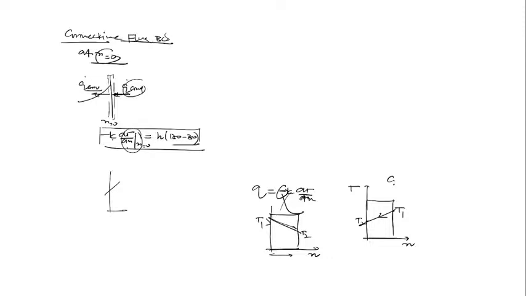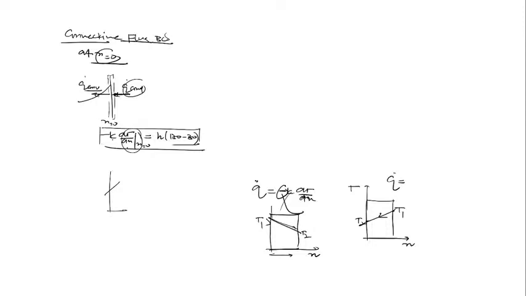How can I write Fourier's law in this case? Q dot. Tell me. Which equation of Fourier's law should I use here? Should I write minus k dt upon dx here or not?